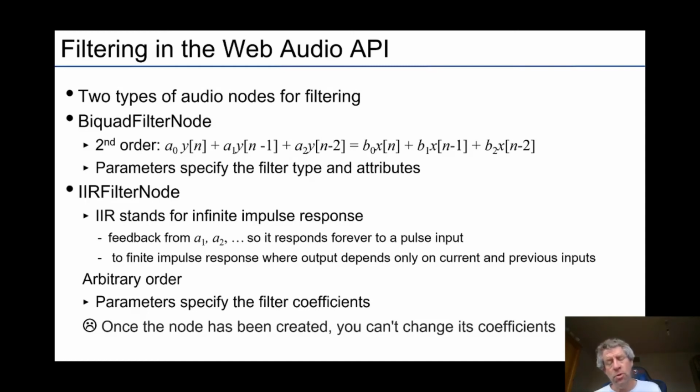But this filter, as it's implemented in the Web Audio API, is very difficult to work with. Once a node has been created, you can't change its coefficients. So it's no longer interactive, no longer something you can adapt.